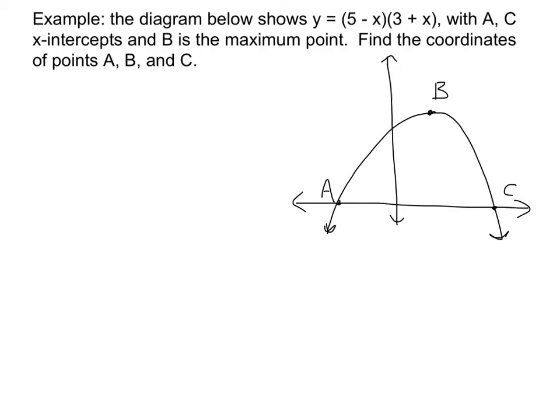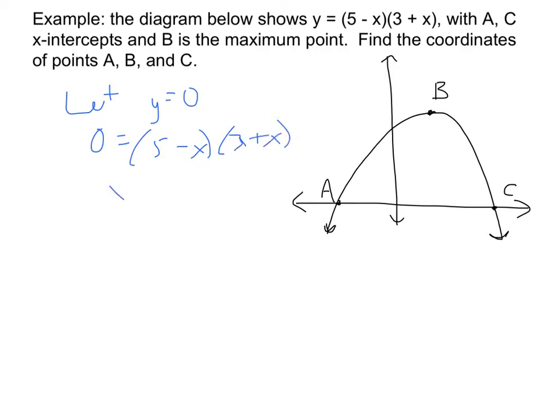So the first thing we see is that the question is asking for the coordinates of A, B, and C. I'm going to go ahead and start with the x-intercepts, with A and with C. So I know that A and C can be found as x-intercepts by letting y be 0 and solving for x. So if I let y equal 0, I'll have 0 equals 5 minus x times 3 plus x.